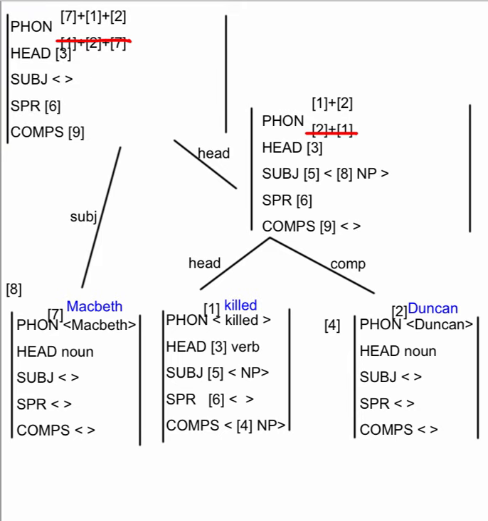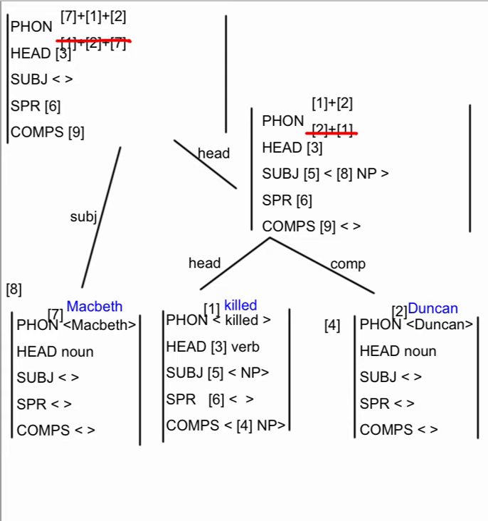So if we expand all the properties here, we get the phon value of the mother is Macbeth killed Duncan. The head value is number 3, and number 3 is a verb. The subject value is empty. The specifier value is number 6, and tag number 6 is also an empty list. And the coms value is number 9, which is also an empty list.